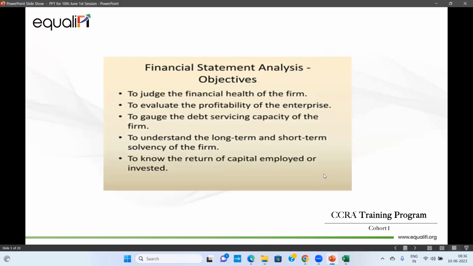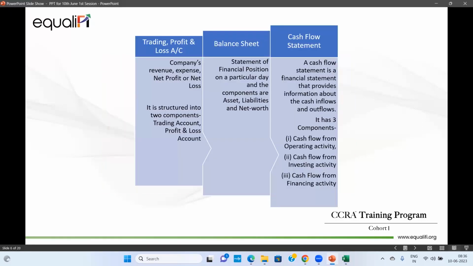Next is to understand the long-term and short-term solvency of the firm, to know the return of the capital employed or invested. We are going to look at three main components of financials: trading and profit and loss account, balance sheet, and cash flow statement. The trading and profit and loss account shows the company's revenue, expense, net profit, net loss, and is structured into two components, trading account and PL account.